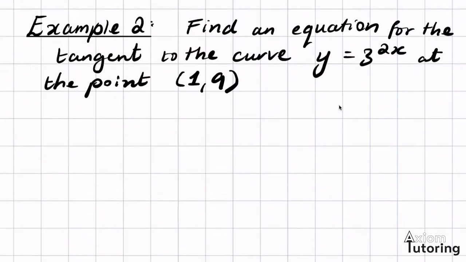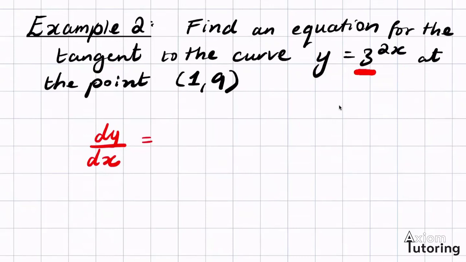We want to find an equation for the tangent to the curve y equals 3 to the power of 2x at the point (1, 9). So we have our y here. What we'll want to do first is find dy over dx, as this is our first derivative and our gradient function. So how will we differentiate this?